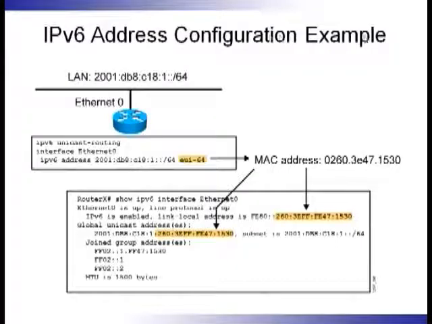Now, an IPv6 address configuration example. So I'm going to come here, turn on IPv6, and now I'm going to say ipv6 address here, the /64, eui-64, and let's take a look at what our address came up with. 2001. Now this is my what? Link local, because it starts with FE80, doesn't it?